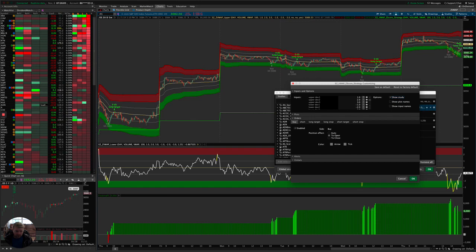You can see here as the price comes down and crosses that second standard deviation level right here, that's where the entry is triggered. And this would be the third standard deviation level right here. Those correspond on the lower indicator to lower deviation 1, lower deviation 2, and lower deviation 3. So that's how that works.